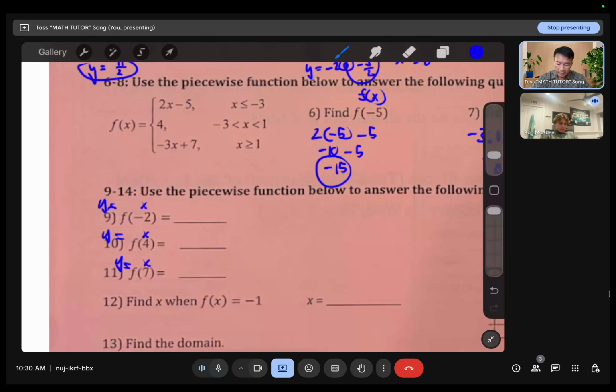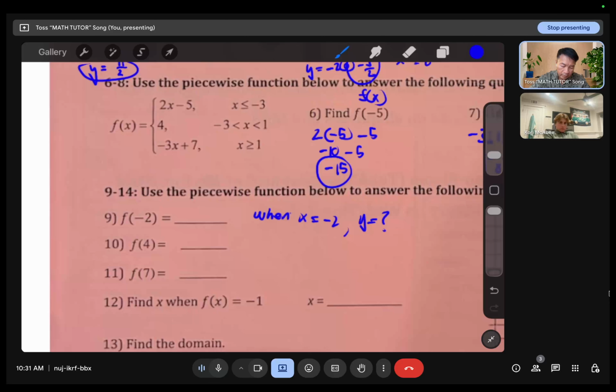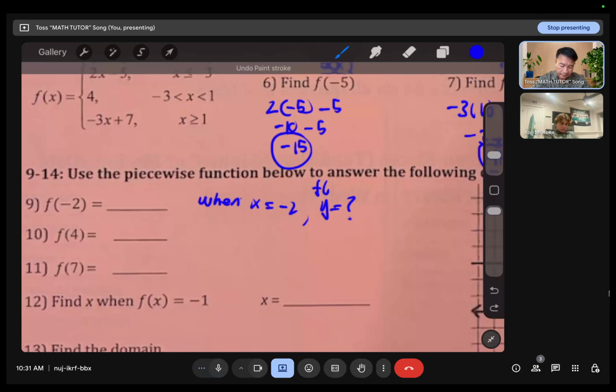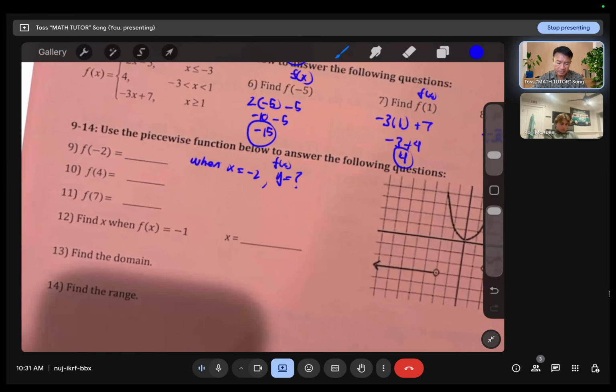So if you wonder how to interpret it, for number 9, it's like this. When x is negative 2, y equals what? Or your f of x equals what? Or f of negative 2, basically. But I'll do f of x, because you guys are used to that.